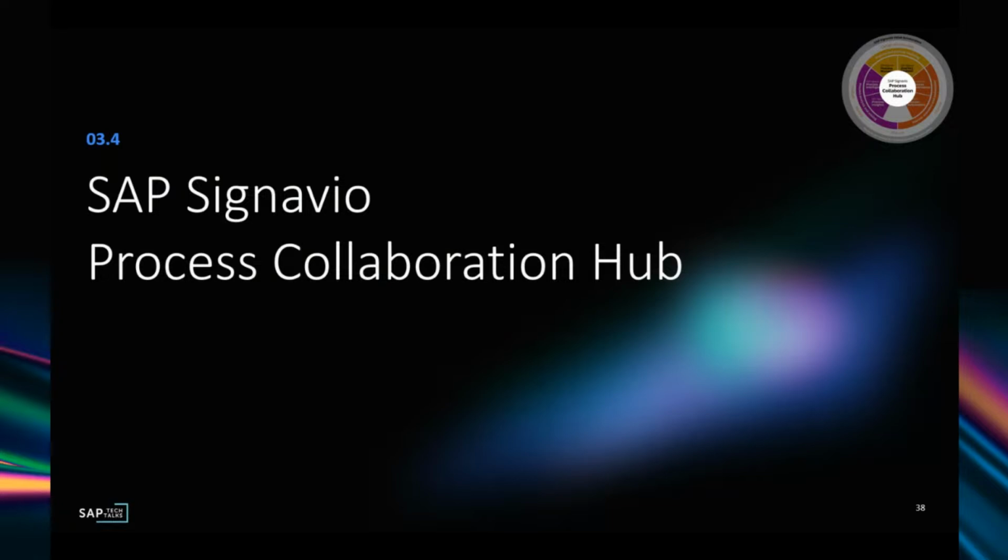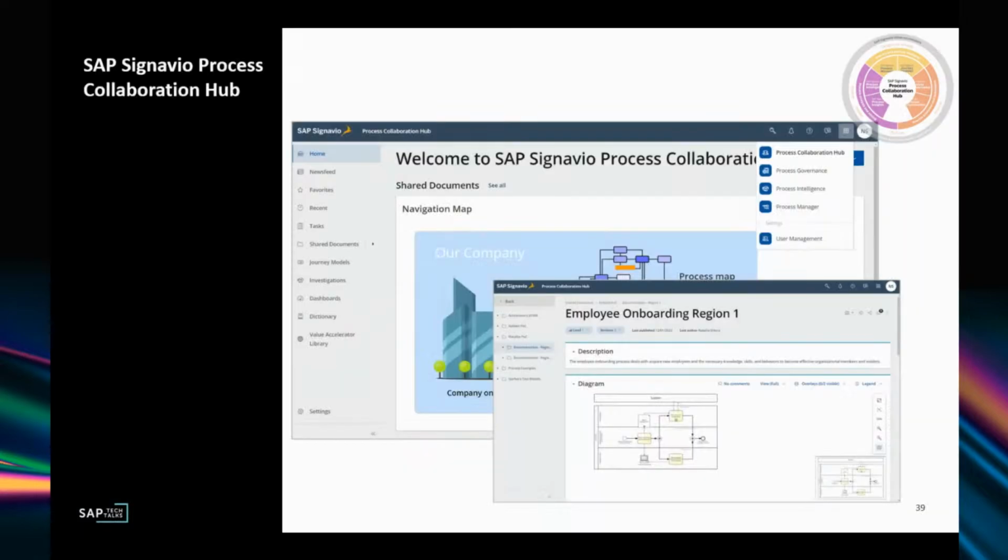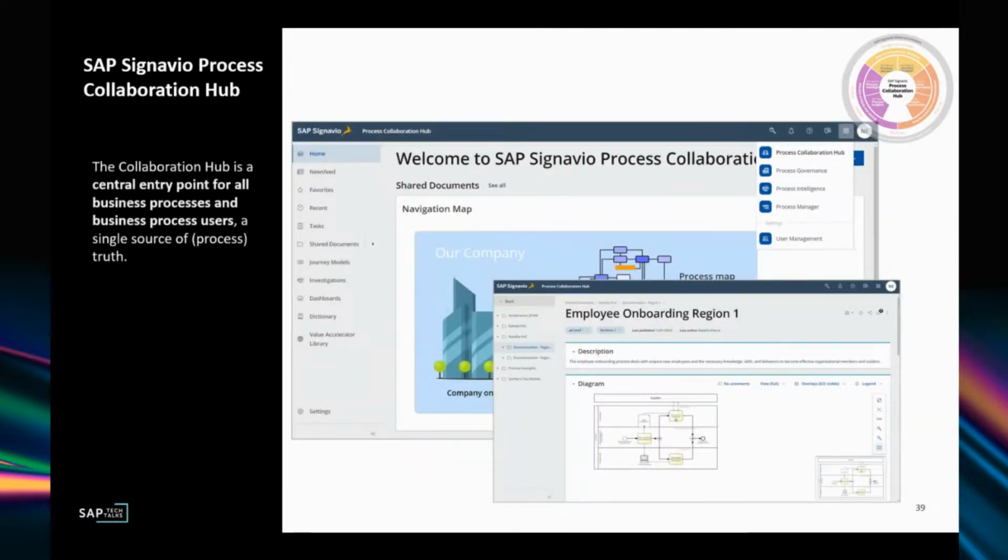And you saw that I used SAP Signavio Process Collaboration Hub often. The Collaboration Hub is a central entry point for all business processes and business process users, and acts as a single source of truth. And you saw that I checked my tasks, which are assigned to me in Collaboration Hub. I started my review of the journey model also here.